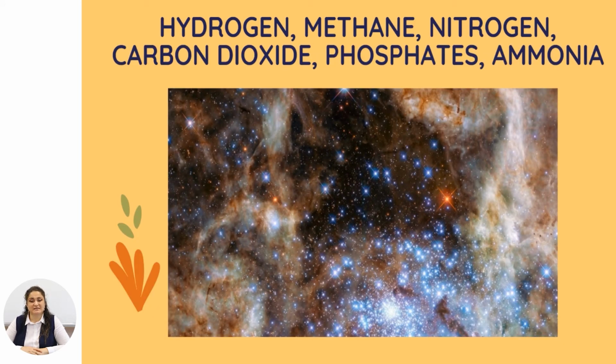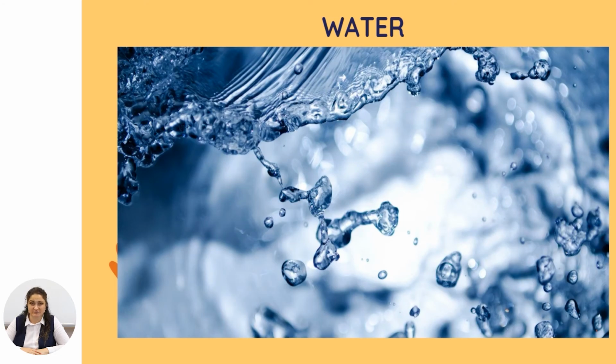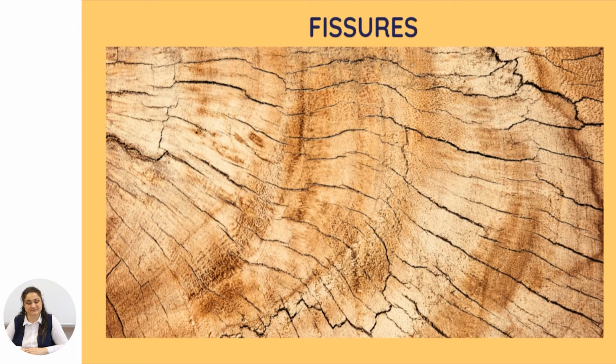First, we should take into consideration elements and compounds essential to life, which include hydrogen, methane, nitrogen, carbon dioxide, phosphates, and ammonia. In order for these ingredients to commingle and react with each other, they need a liquid solvent, water. The first organisms appeared in the fissures in the Earth's crust.